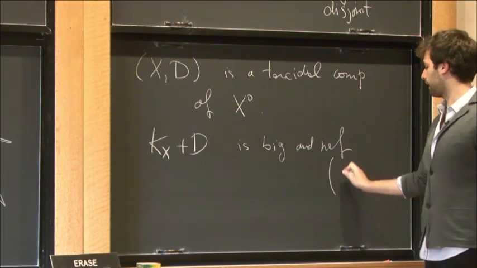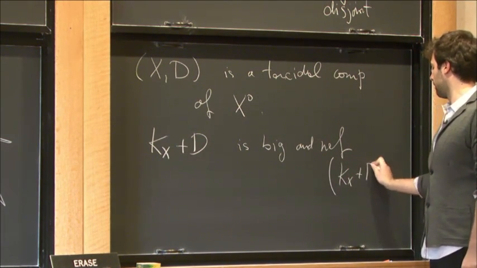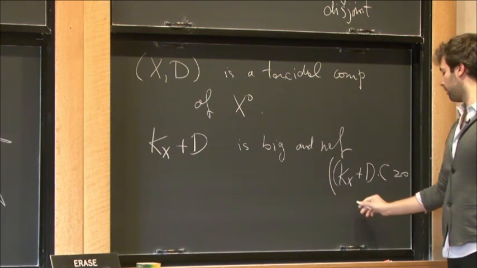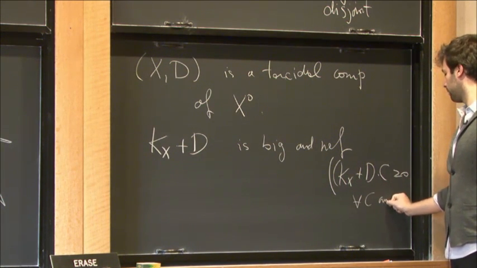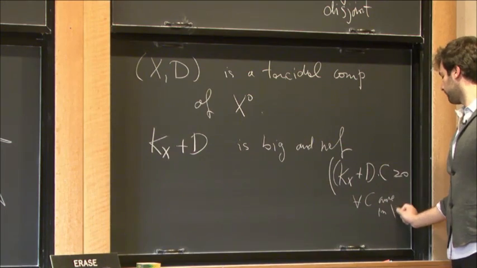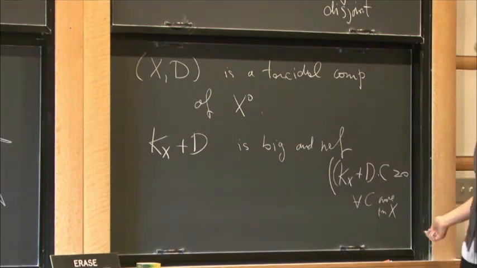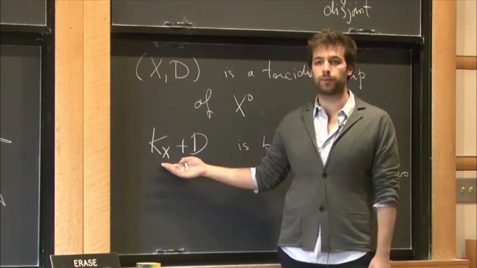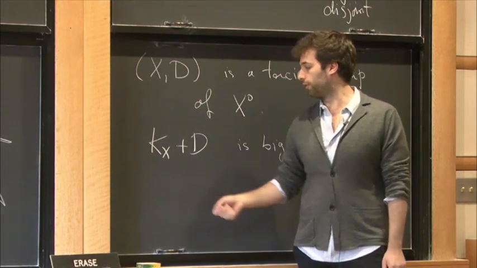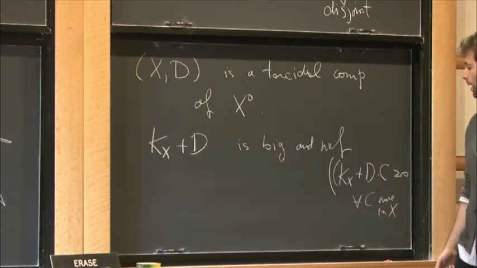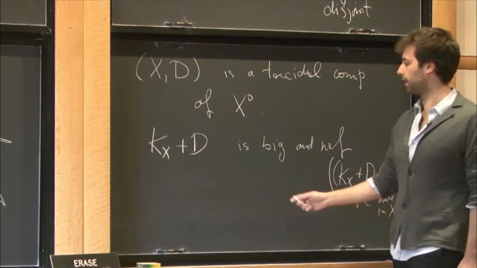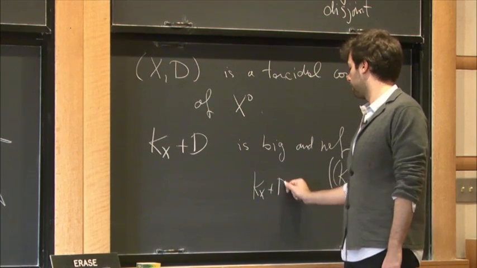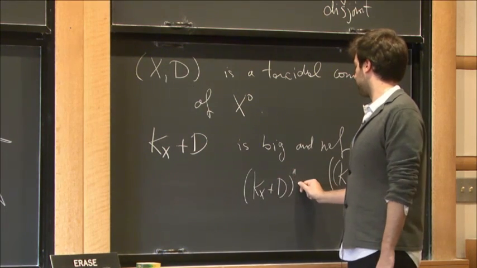So this means that (Kx plus D) dot C is greater or equal than 0 for any curve C in X. And bigness means that if I look at the pluricanonical maps of some large power of this divisor, then I have something which is birational. But in the nef case, it's just saying that (Kx plus D) to the n is positive.